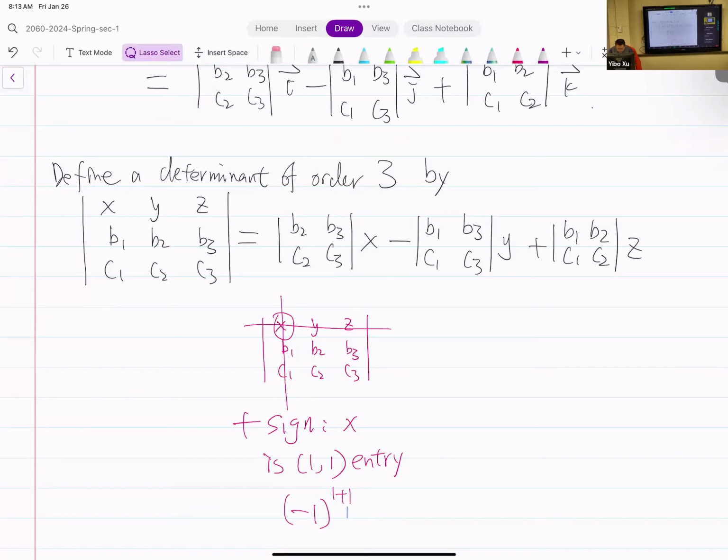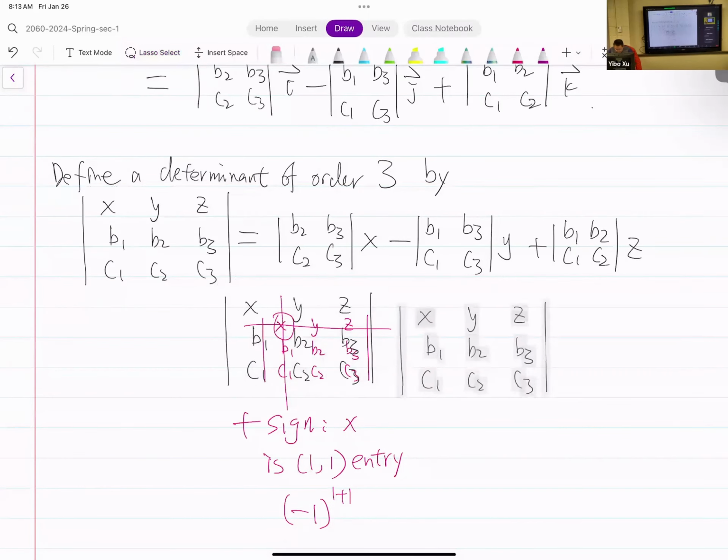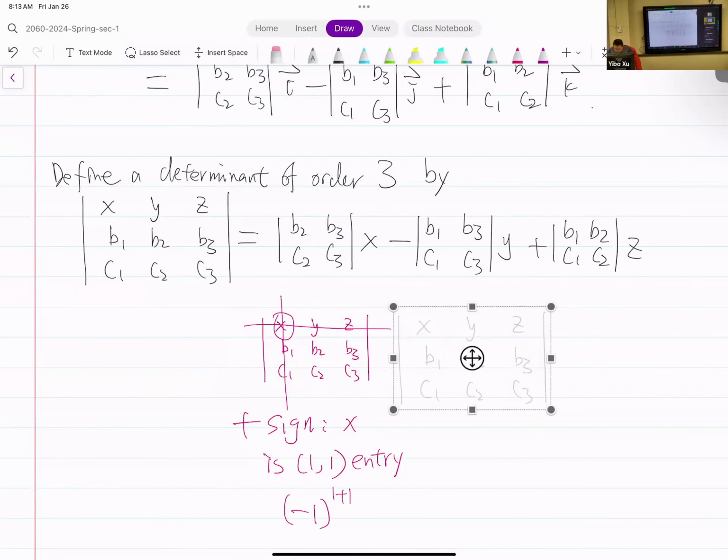And now, indeed, I'm kind of cheating because I'm copying and pasting, but that's something you can definitely utilize if you use an iPad. So now y, similar story.